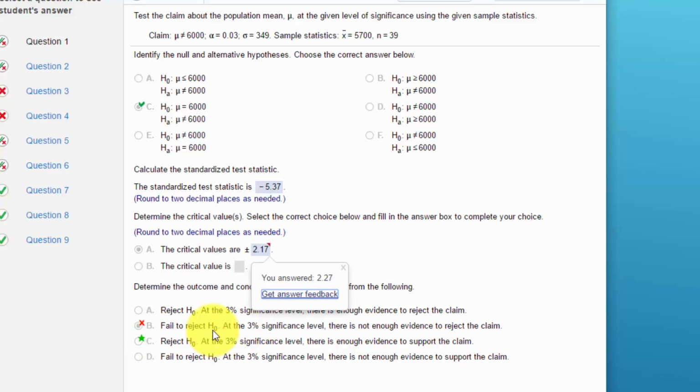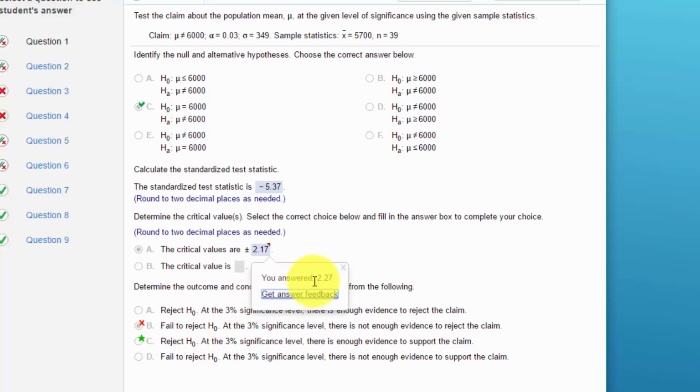And you would fail to reject if the standardized test statistic is not in the rejection region. Well, minus 5.37 is way on the left end. That's a lot of standard deviations out there on the left end. It's well beyond minus 2.27, so it would be in the rejection region if you knew that there was a rejection region on both ends of the normal curve.